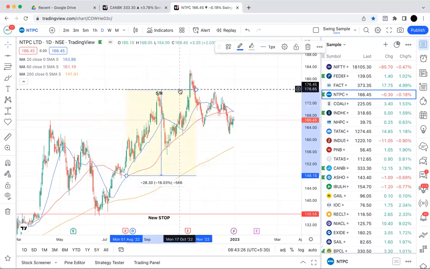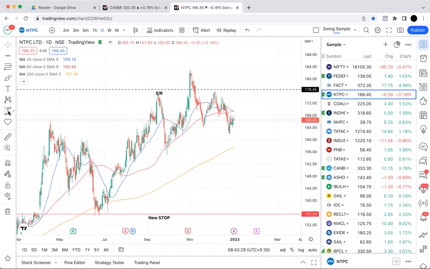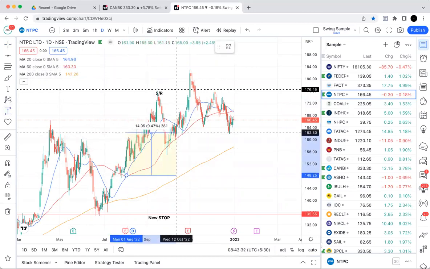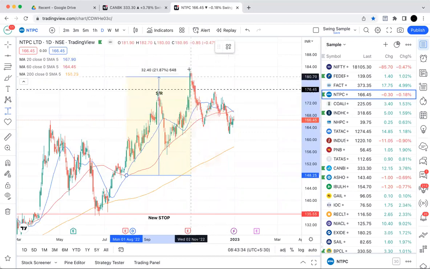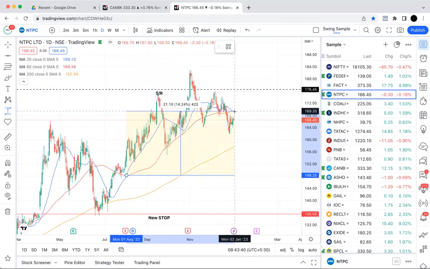If I entered August 1st, let's see, why is this showing a negative? All right, let me get rid of that and do another one, so I could get it right properly. Here it is. Okay, so it would have gone up, although the highest would have been 23% in November. But when I got out, that would have been 14%.